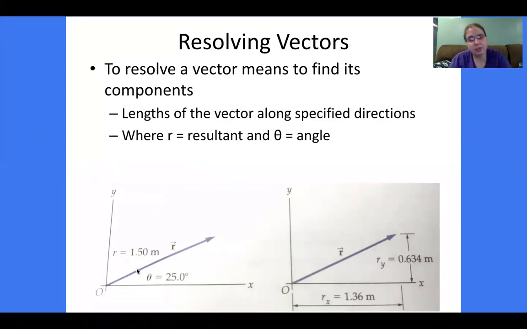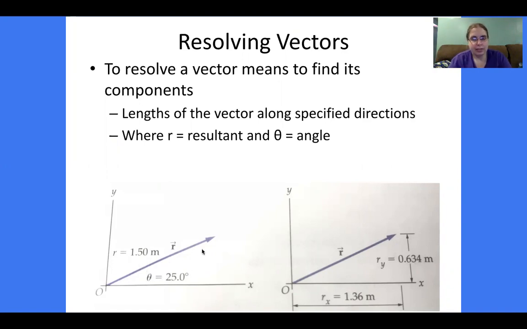As long as we know the actual vector itself and the angle that it's moving at, now that letter there looks like a 0 with a line through it. That's a Greek letter theta, and that stands for angle. That's the symbol we use for angle.